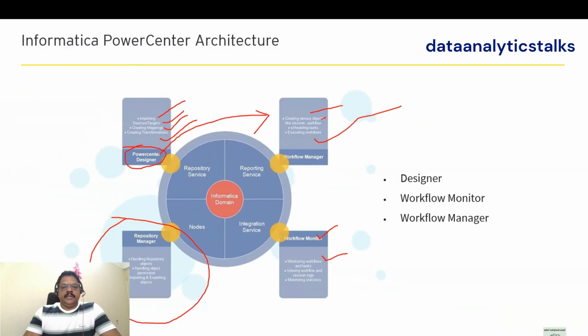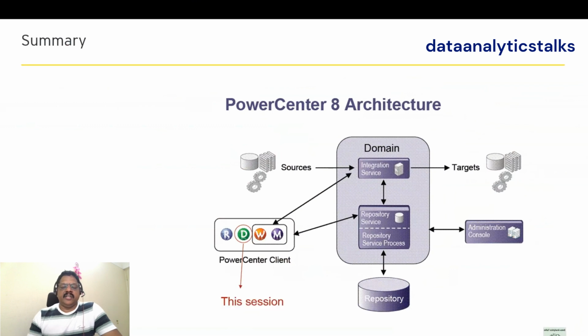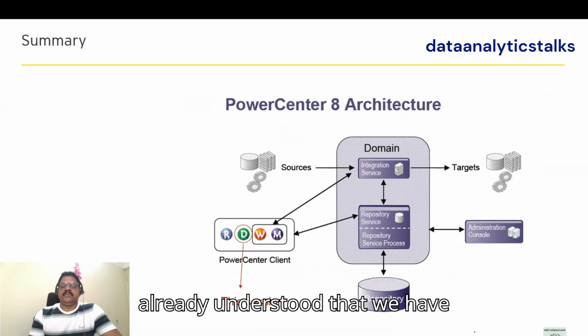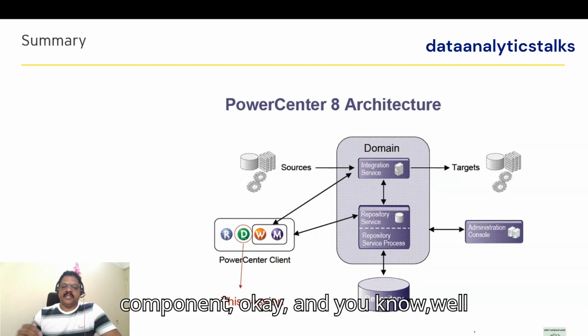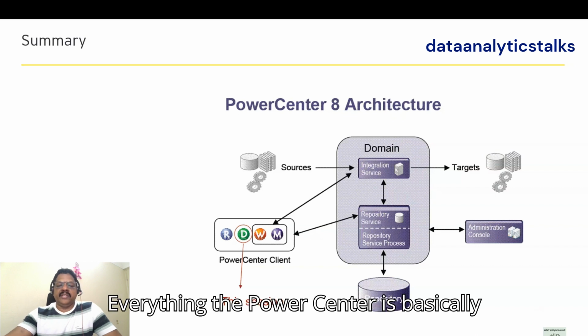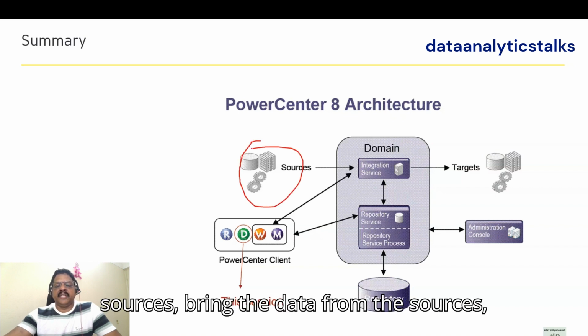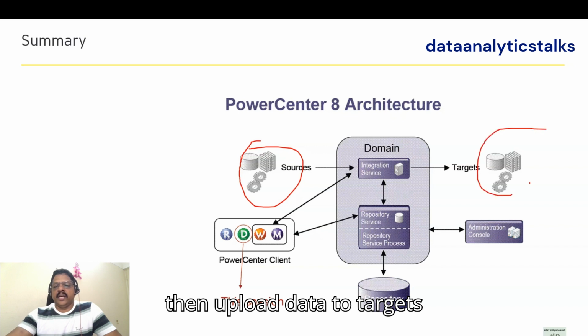Okay. So I would like to show you the architecture diagram of PowerCenter 8. What we have already understood is that we have a server component and a client component. PowerCenter is basically used for ETL. We have the sources, bring the data from the sources, carry out the transformation, then upload data to targets.